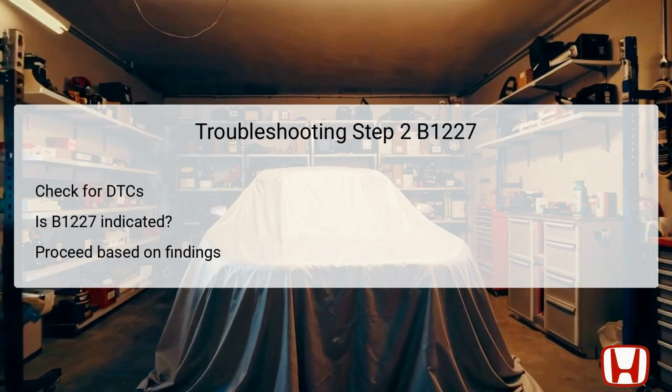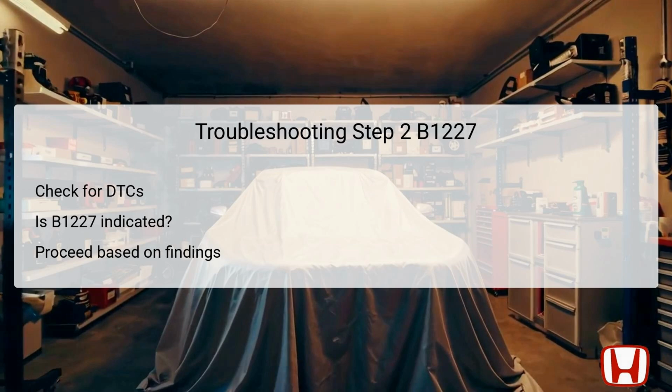In this step, check for any re-emerging diagnostic trouble codes following the initial reset. Specifically, determine whether DTC B1227 or indications of a malfunction labeled with C and auto appear. This verification is critical. If the same codes surface, it reinforces that a fault persists.